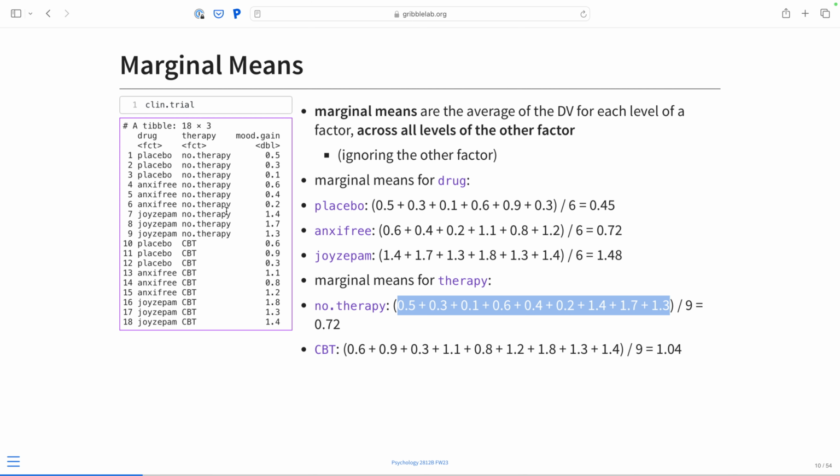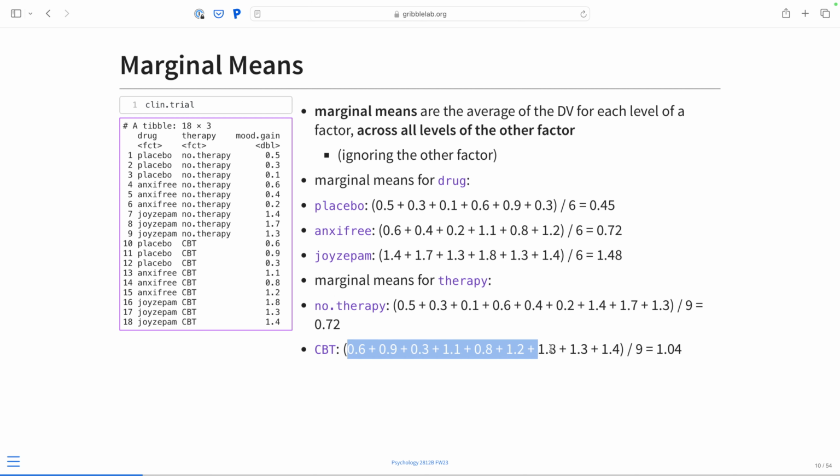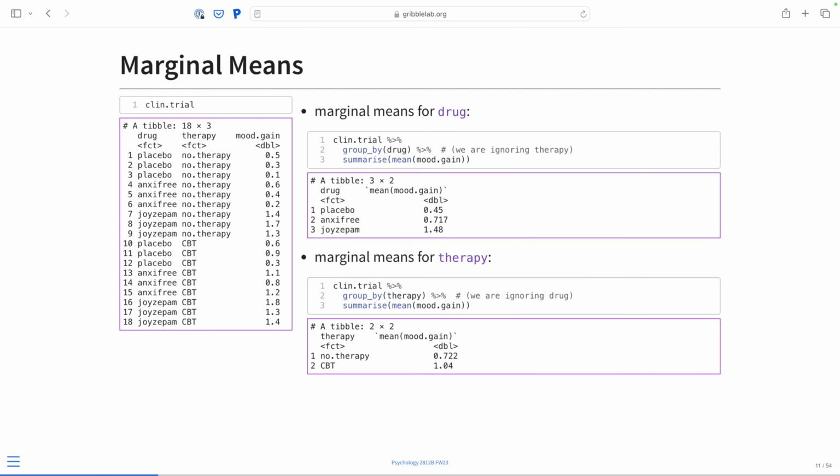We just lump them all together, and then for CBT, it would be the last 9. So marginal means just means averaging over levels of a factor, ignoring the levels of the other factor, or lumping together the scores across all levels of the other factor.